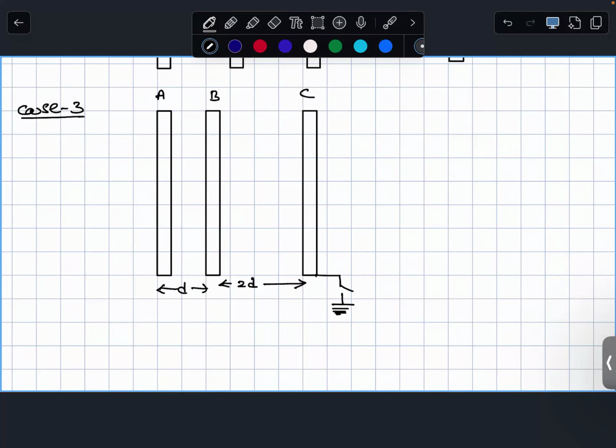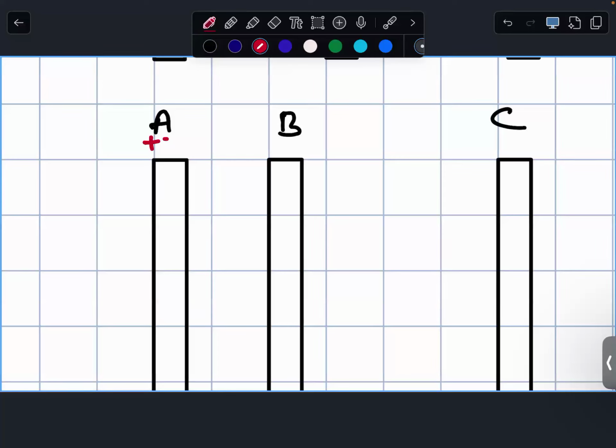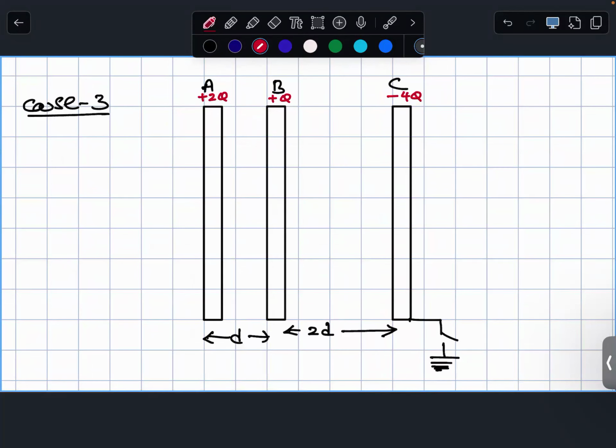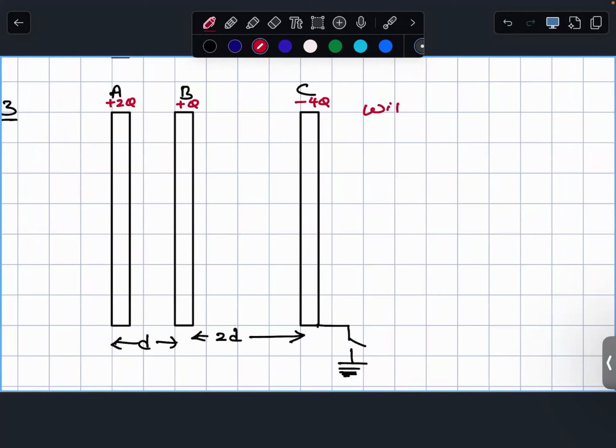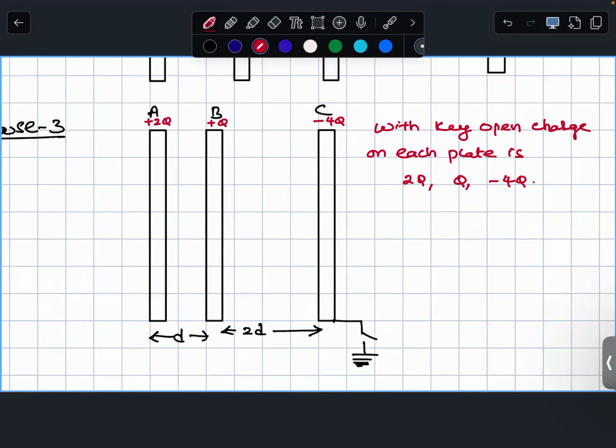Initially, the charges given are plus 2q on A, plus q on B, minus 4q on C, with the key open. Q minus 4q. Any doubt?